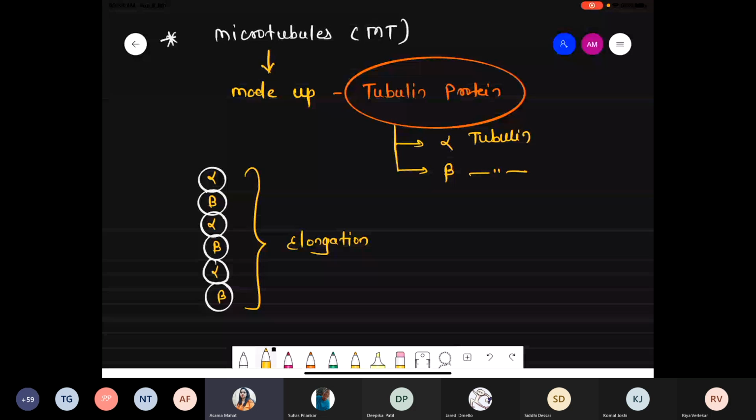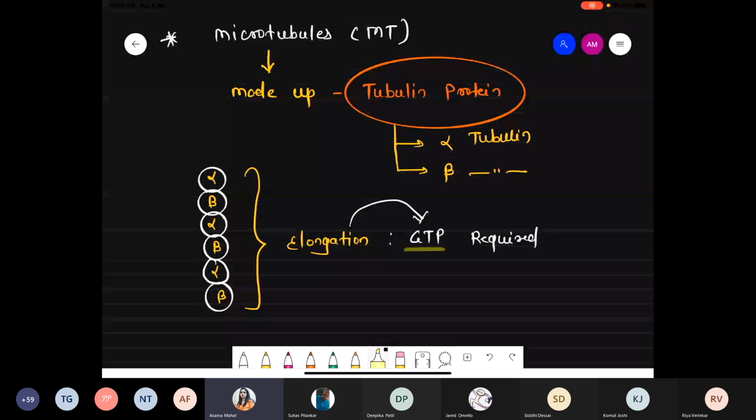And please remember, for the elongation there is a requirement of energy in the form of GTP. Normally ATP is the energy currency. In maximum cell movement and cell activities, the cell requires ATP. But when we talk about microtubule function, a single tubulin protein will not do any work.